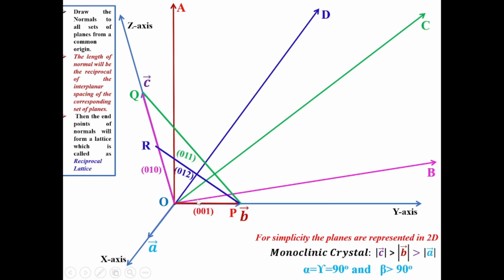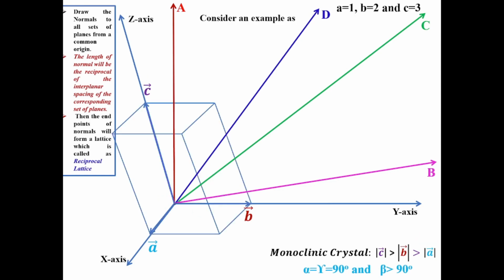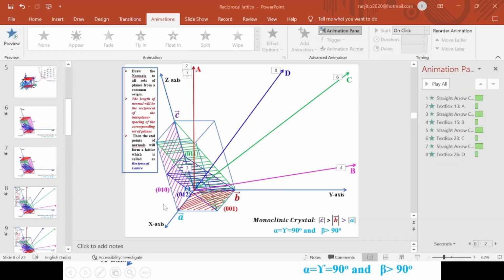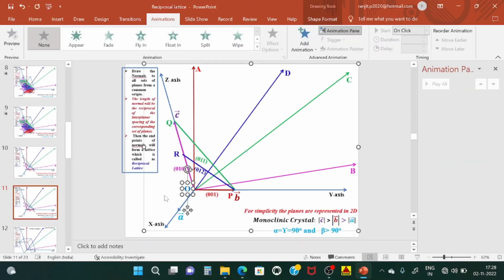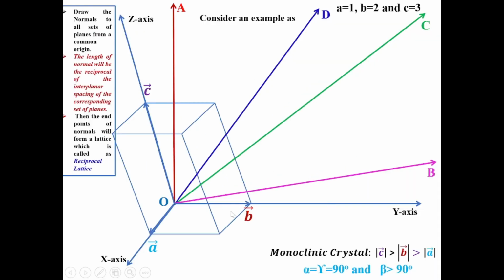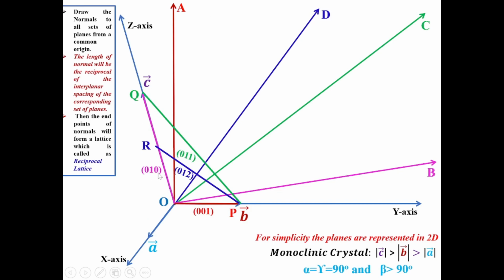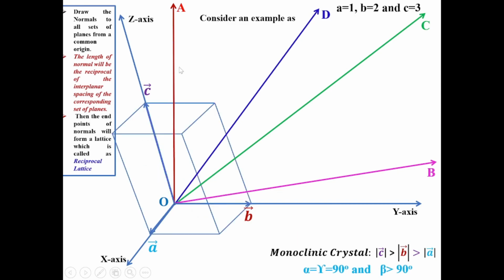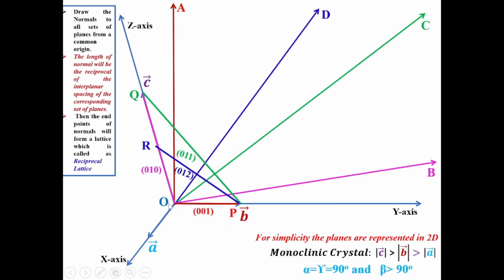Okay, now to draw the reciprocal lattice, or to mark the points along OB, this is your O. So to mark the reciprocal lattice points on these normals, see, OB is the normal on this plane 010, and this OA is the normal on the 001 plane, that is your OP plane.